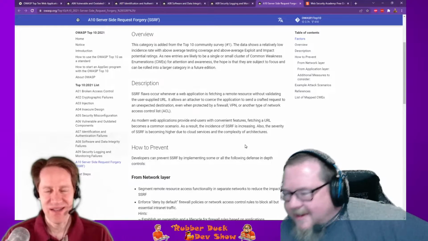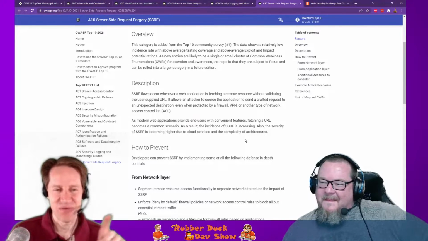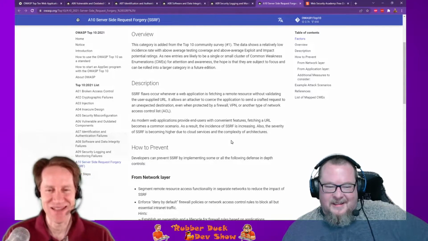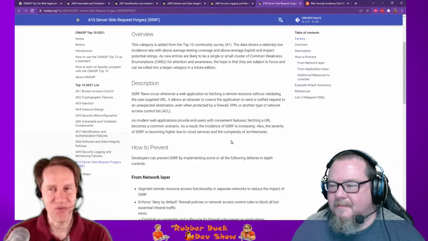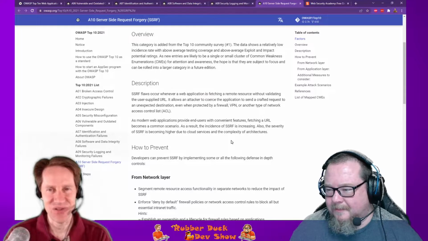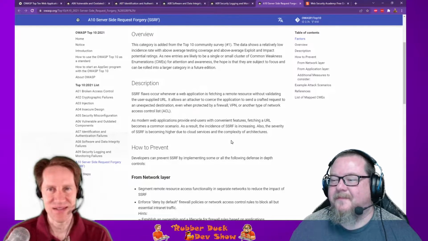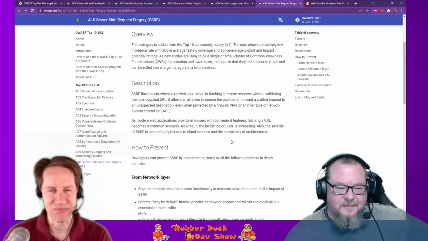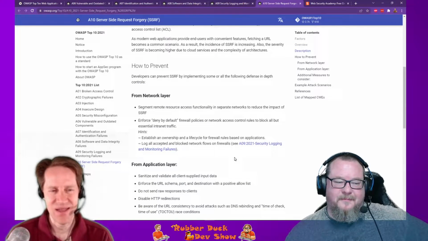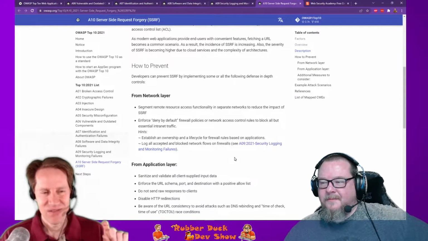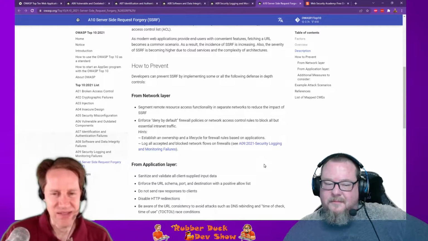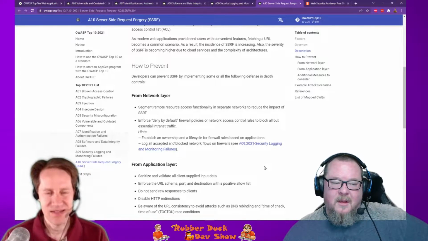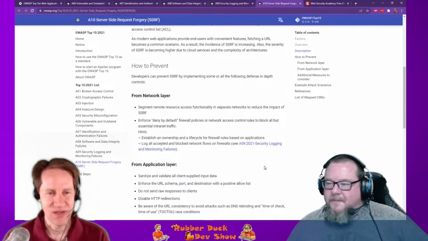You're forging a request from the server side as opposed to the client side. But in order to do this, your server is already doing something kind of wonky, to me. I wouldn't program it that way, but basically you're getting the server to make a forged request. So that seems kind of odd that you can do that.